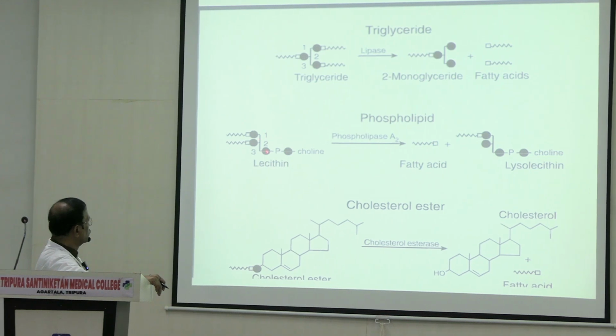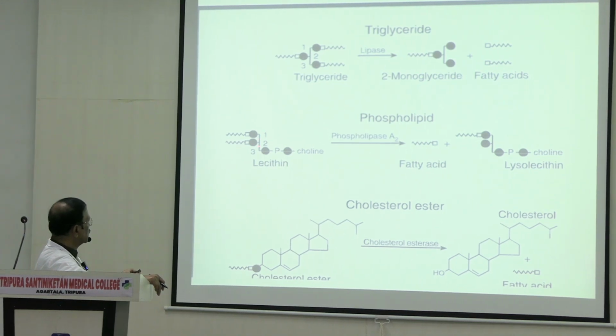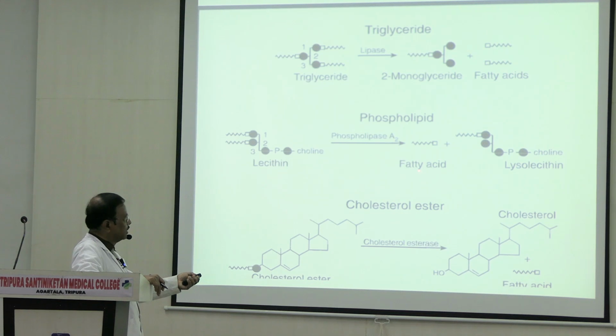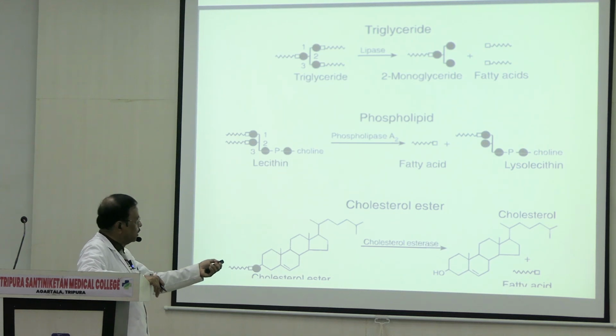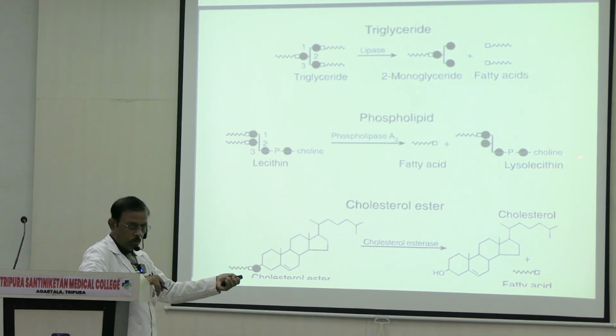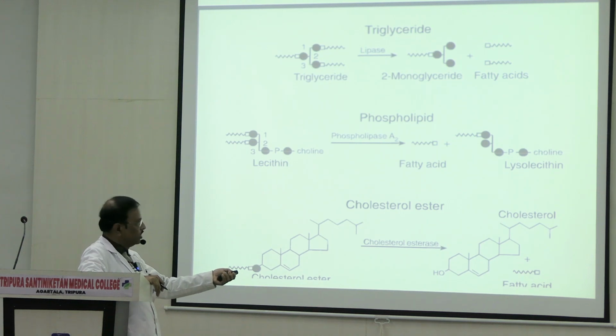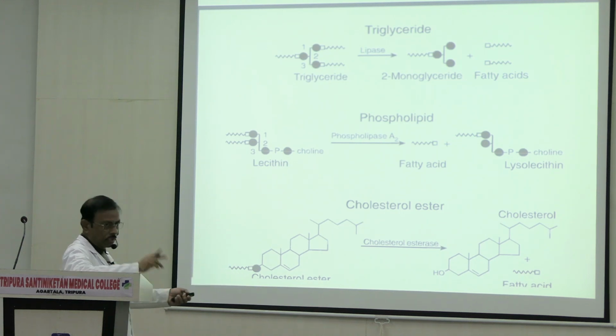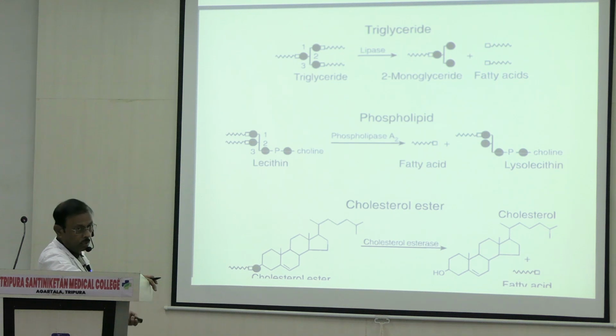Here 1, 2, 3: in first and second carbon there are fatty acids, third carbon phosphoric acid plus nitrogenous base. So when acted upon by the phospholipase, from the second position the fatty acid is removed. Now the rest is lysophospholipid. Here lecithin is one particular name of a phospholipid, so it is lysolecithin.